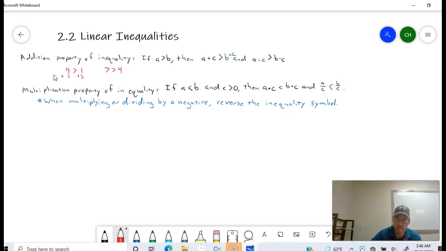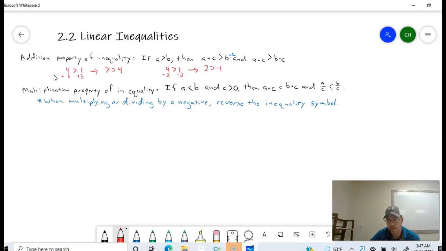Same thing if I had subtracted. If 4 is greater than 1 and I take 2 away from both sides, then I get 2 is greater than -1. Still true. So nothing really new there, except it works with inequalities just like it worked with equalities.